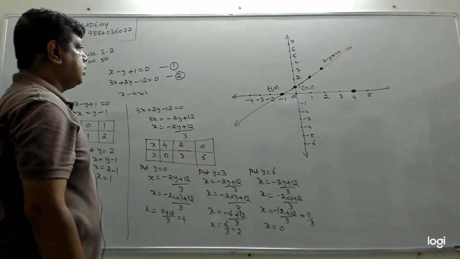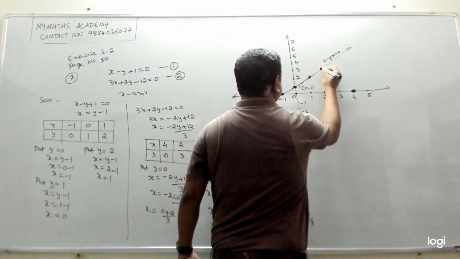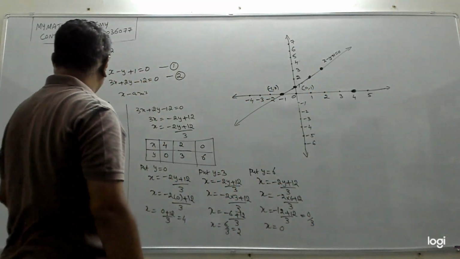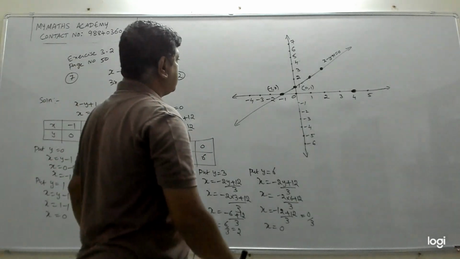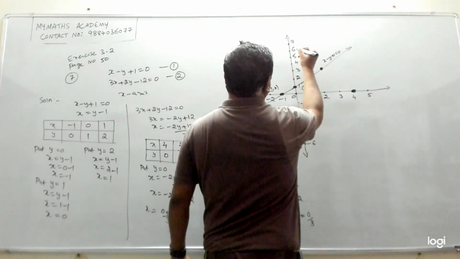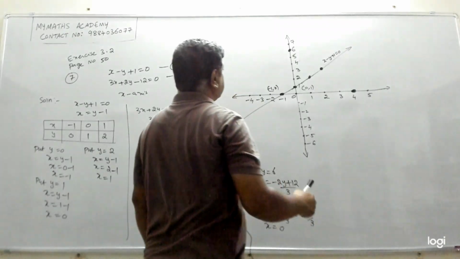Right? This point is 2 and 3. 2 comma 3. Then the next point is 0 comma 6. 0 comma 0 is here, 6 is here. This is 0 comma 6.